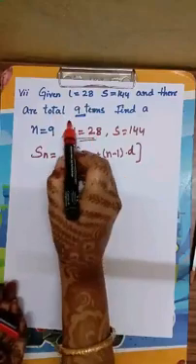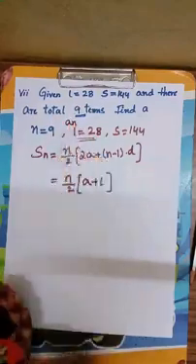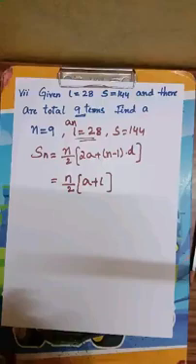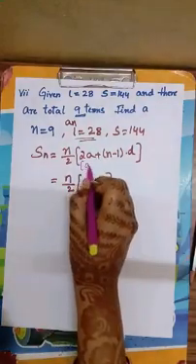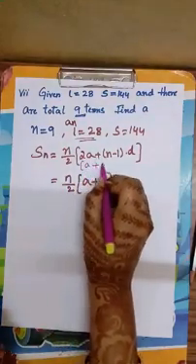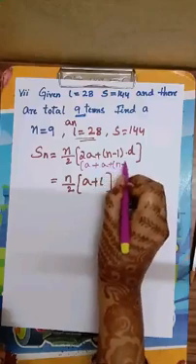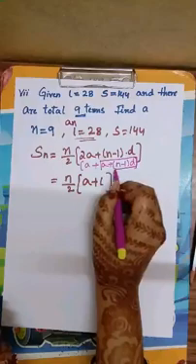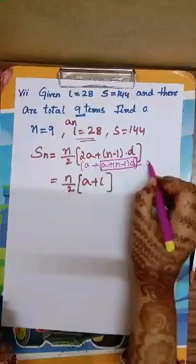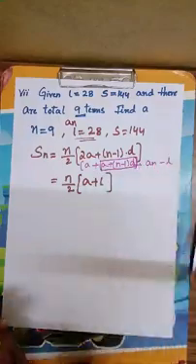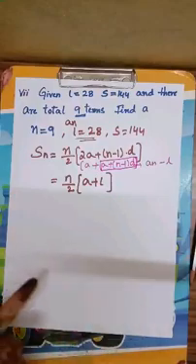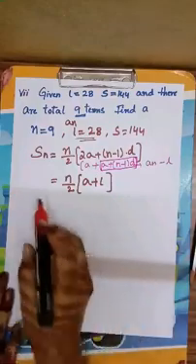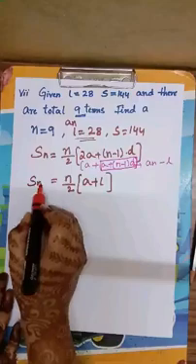L is nothing but nth term. See, how can we write this? You take a common here. You can write 2 as a plus n minus 1 into d. That is the nth term, nothing but an or l. So the other formula is n by 2 into a plus l is equal to Sn.